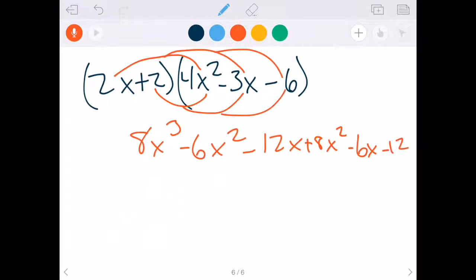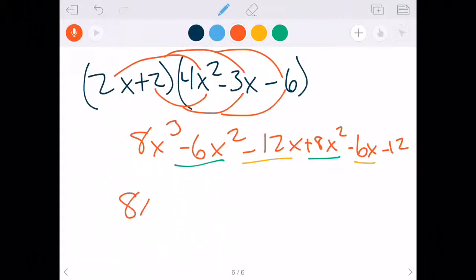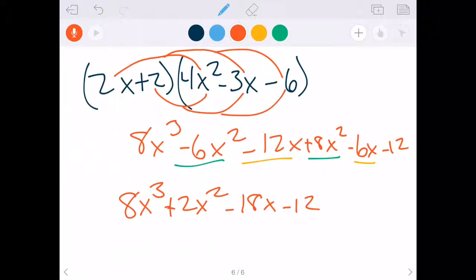Then we're just going to look for our like terms. So your final answer should be 8x cubed plus 2x squared minus 18x, and then minus 12. So that is your final answer.